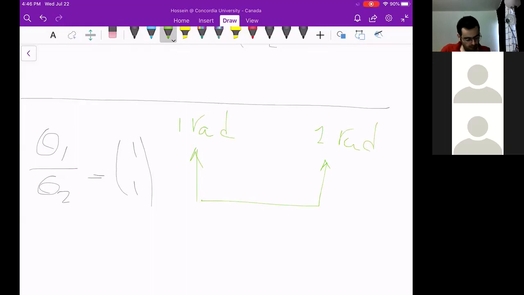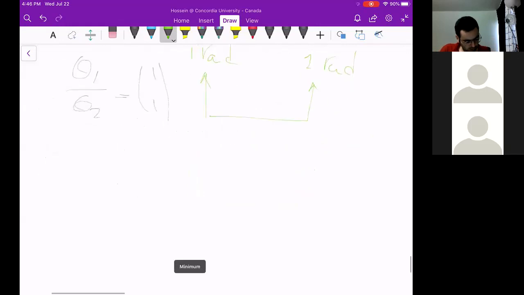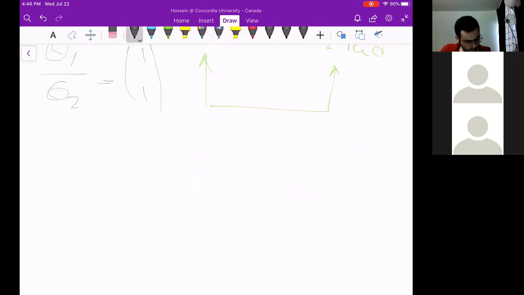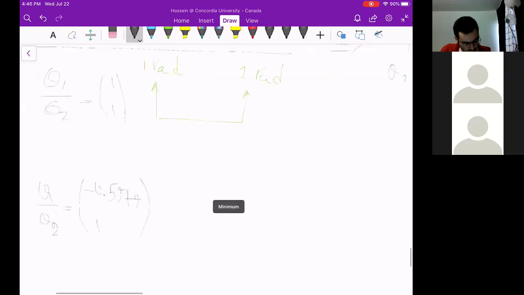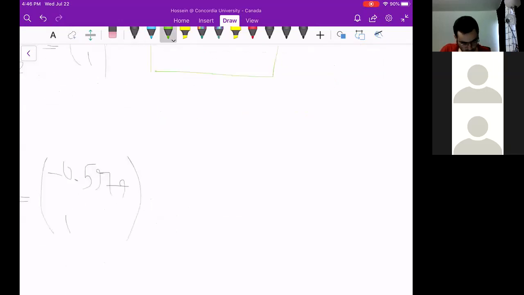However, for the second mode, if theta 2 rotates 1 radian, theta 1 will rotate minus 0.5979. You could show it like this.